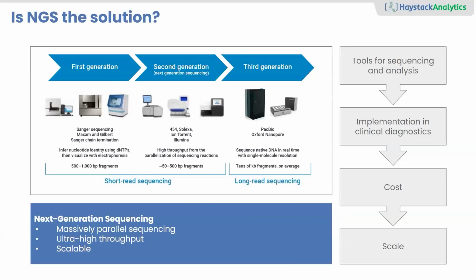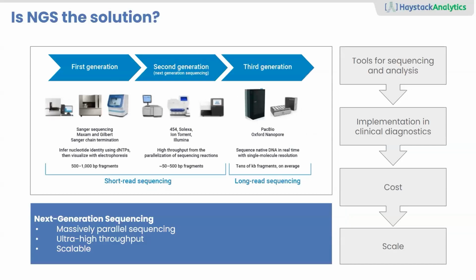In the development of NGS, we have a first generation, a second generation, and a third generation. The first generation is Sanger sequencing, which detects around 500 to 1000 base pair fragments.